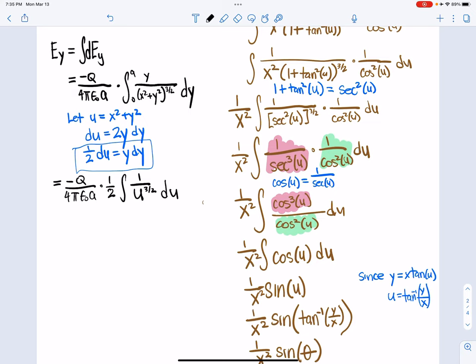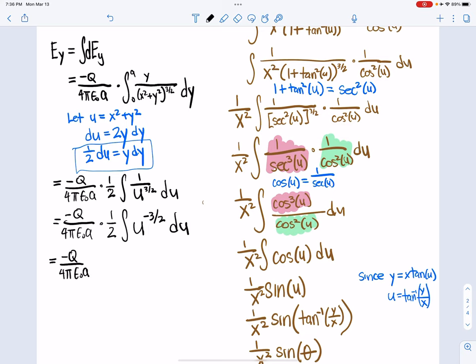Now that'd be negative q over 4 pi epsilon naught times a. This 1/2 is here, and then the integral of u, I'll just change it to u to the negative 3 over 2 du. And so when I integrate that, I'm going to get minus q over 4 pi epsilon naught times a times 1/2.